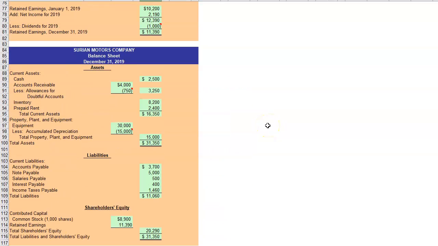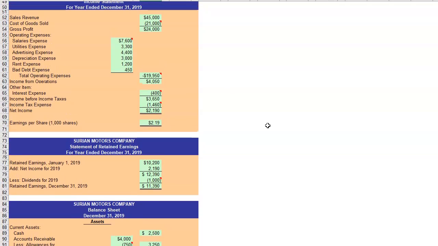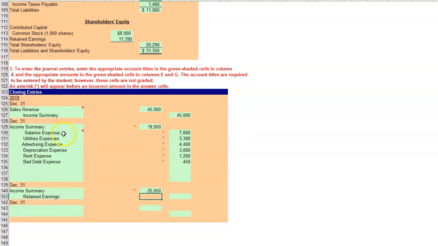Yeah, it does equal that. It does not equal that. Oh, I know why. Because what did I forget? I forgot cost of goods sold.